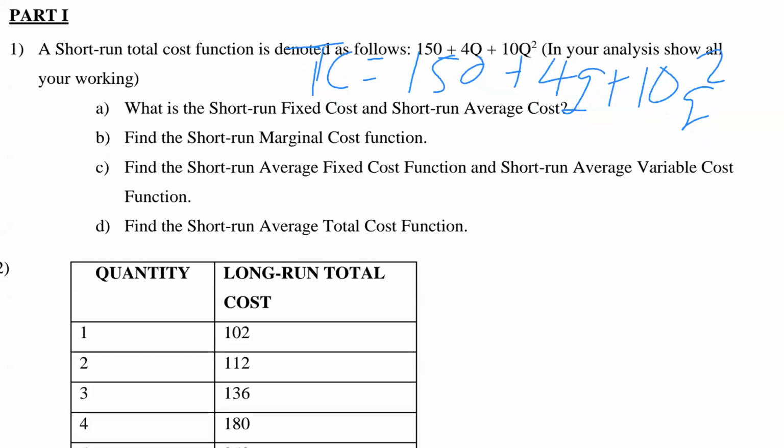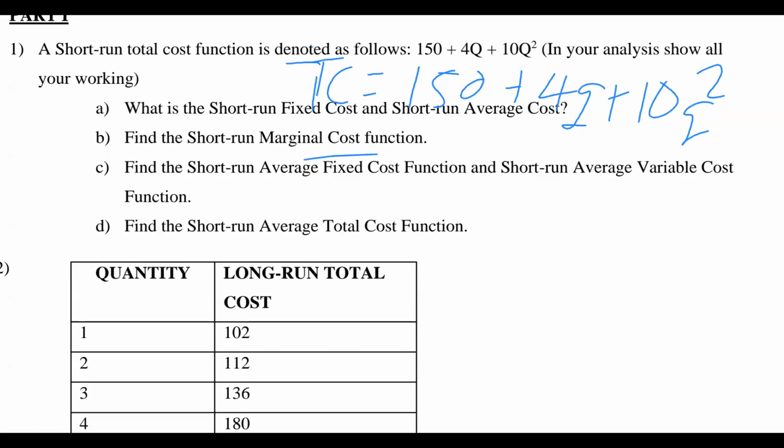So the total cost function is given as this one, so we are asked to find the fixed cost. The fixed cost is the cost that does not change with the change in the level of output. Let Q represent the level of output. So whether Q changes, that level of cost remains the same, and that cost shall be called our fixed cost.